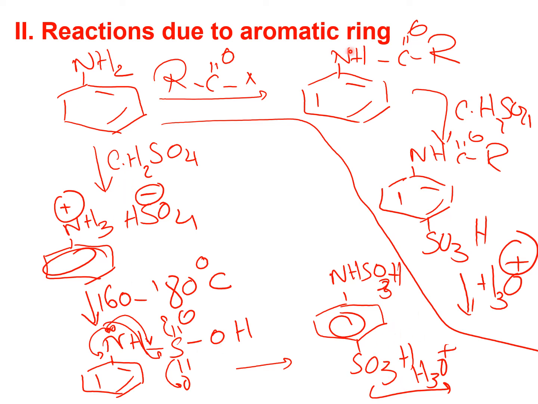So you have lost one step, where you formed the sulfonamide rather than the acid amide. To do this, you use the sulfuric acid as you are commonly used to do in sulfonation, but raise the temperature to 160 to 180 to lose the molecule of water and end up converting the salt into the sulfonamide. Let's look at these slides.